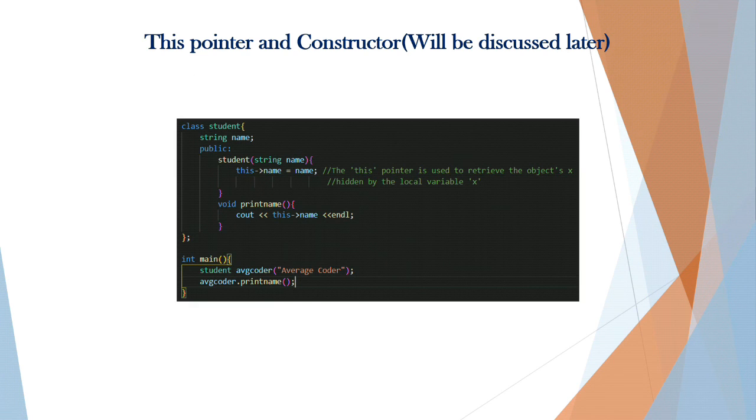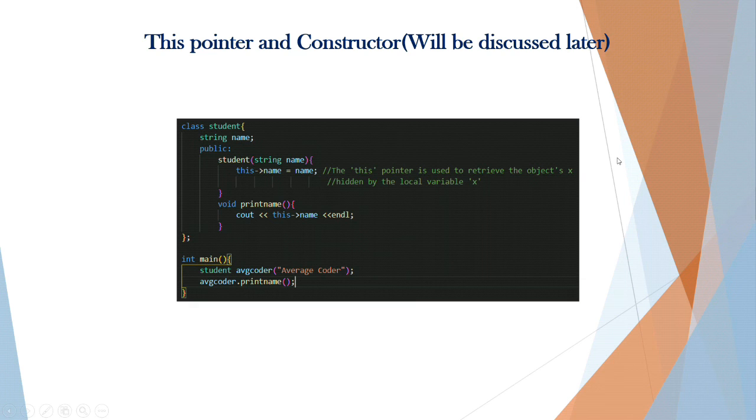When we create this average coder object, a variable called name is also created in that specific object, which was blank. When we provide some details, they are stored in that variable of the new object called average coder. The more you use it, the more you will understand it, and it will be very easy for you.